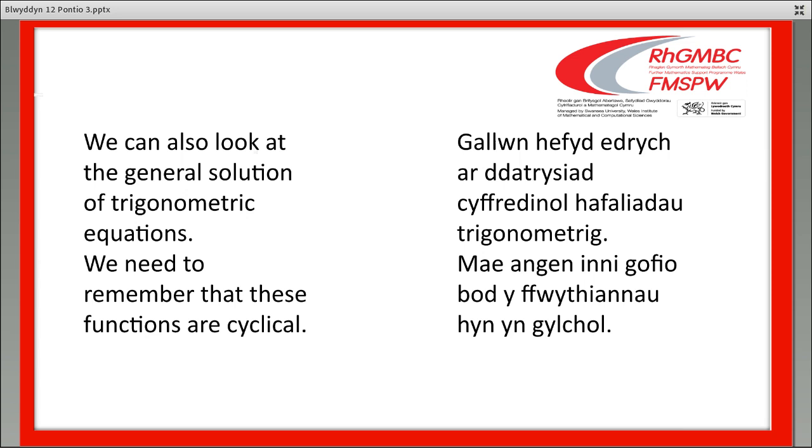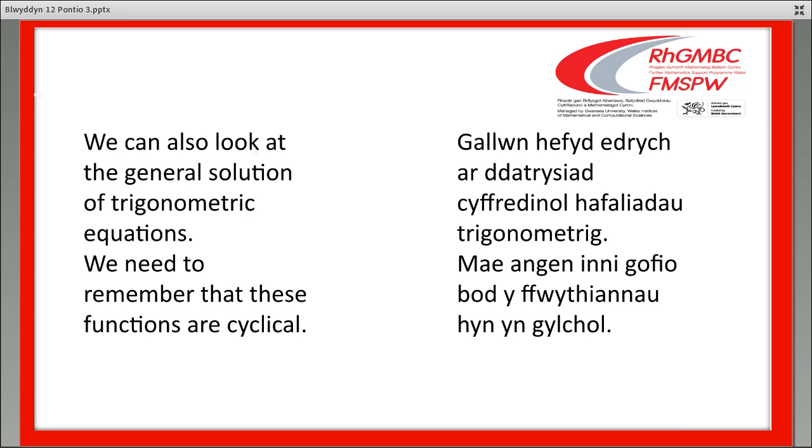Now, the other thing that we need to think about is the general solution to a trig equation. All too often, when you input inverse sine of a particular value, the calculator will give you one answer.